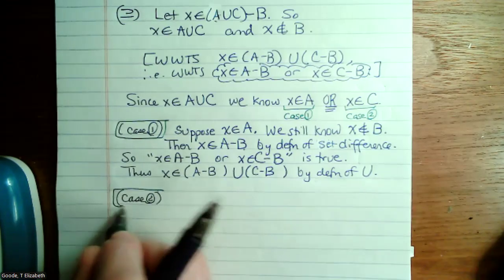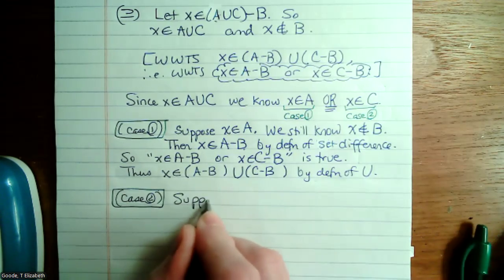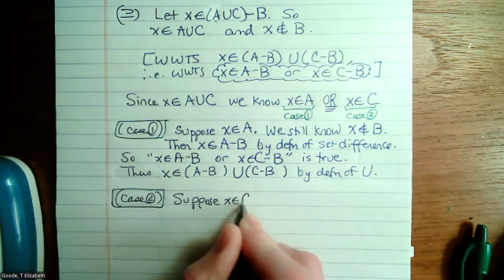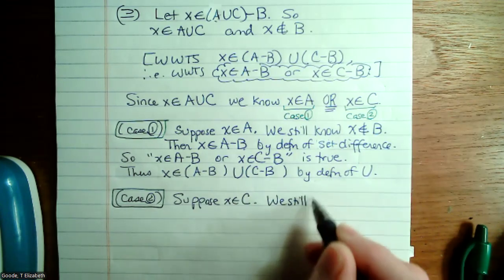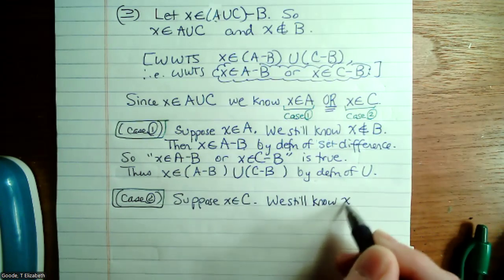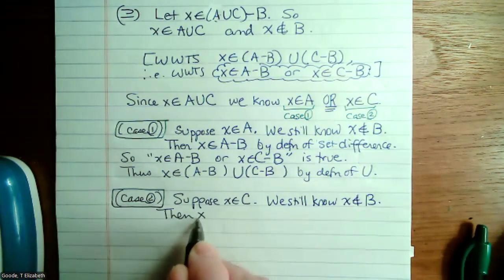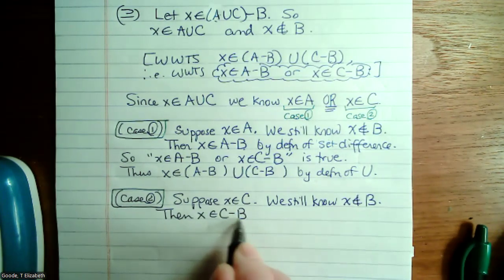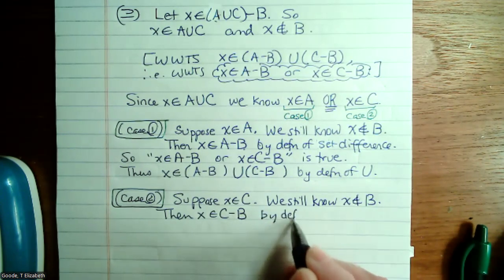Case two, suppose x is an element in C. Good. We still know x is not an element in B. Then x is an element in C minus B, by definition of set difference.